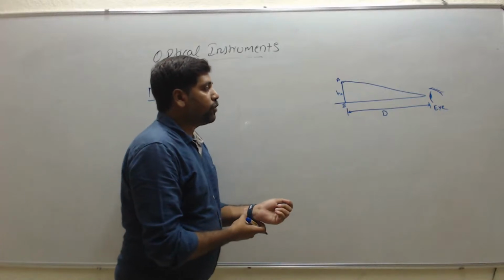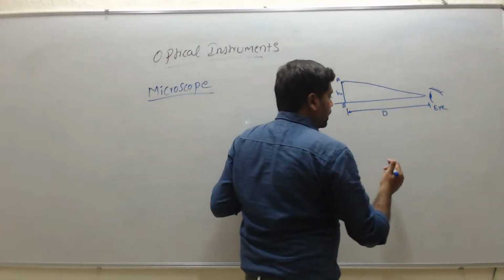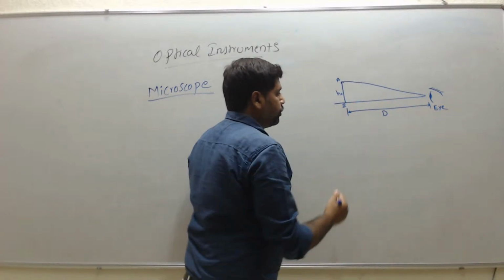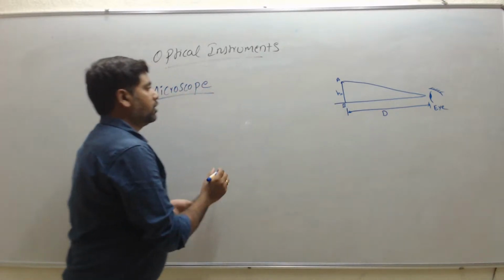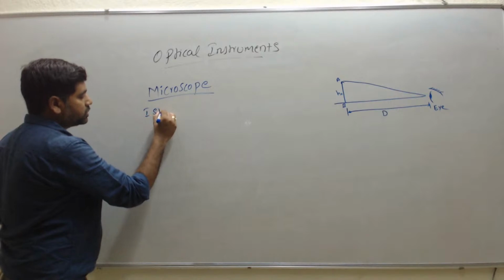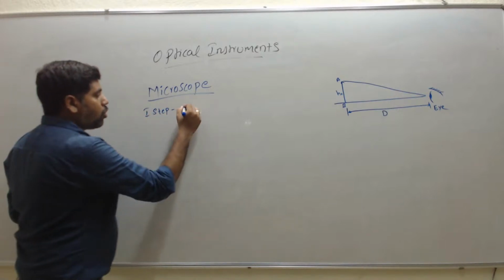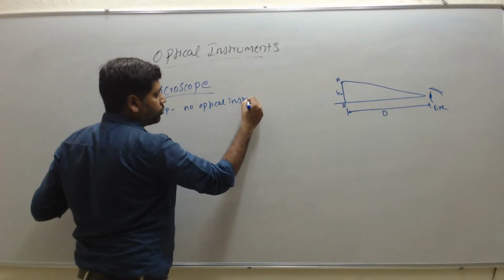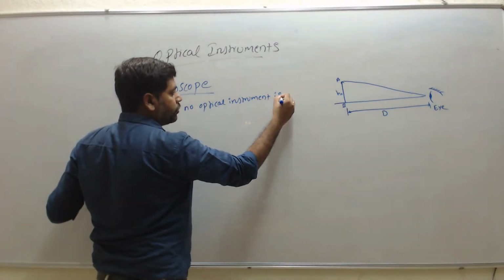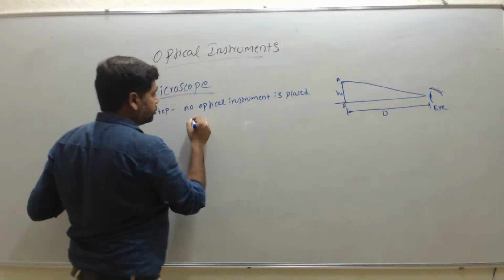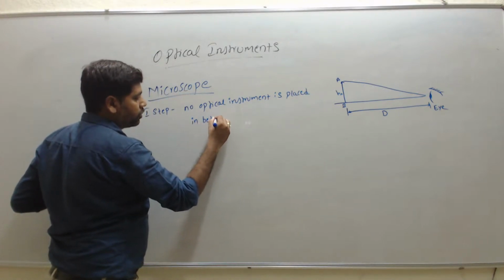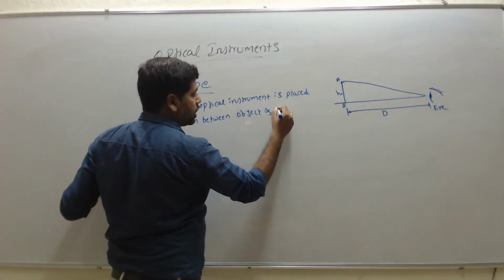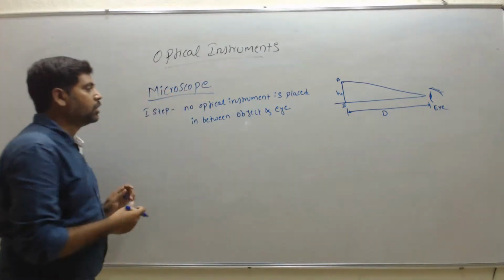Next, in the second step, we are placing an optical instrument, that is, we are placing a convex lens in between the object and the eye. So, in the first step, no optical instrument is placed in between object and eye.